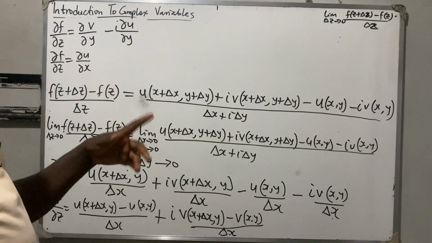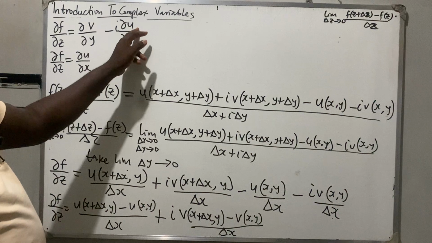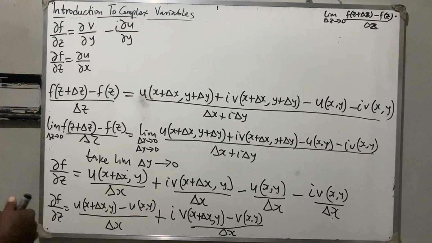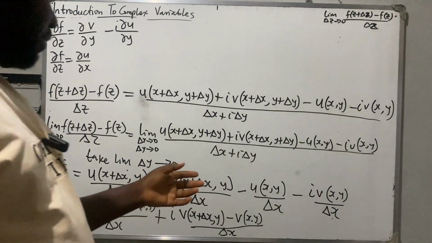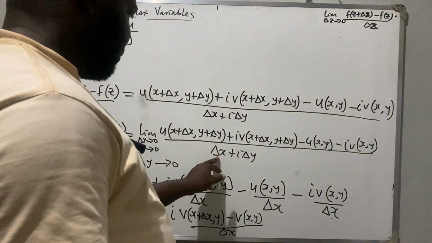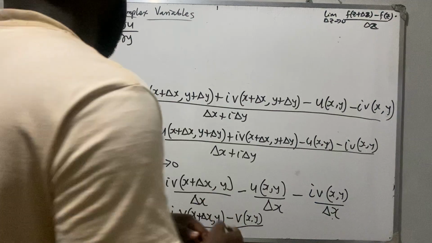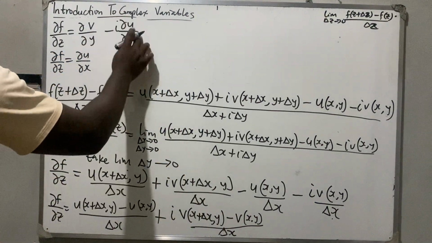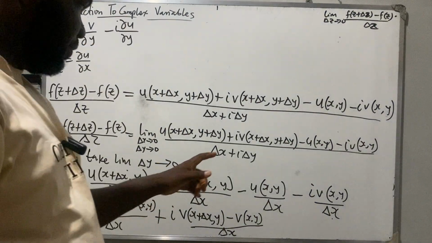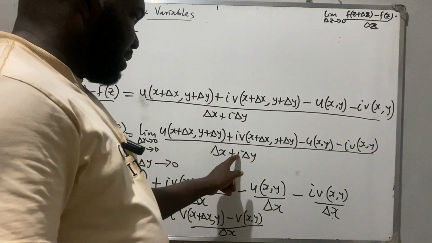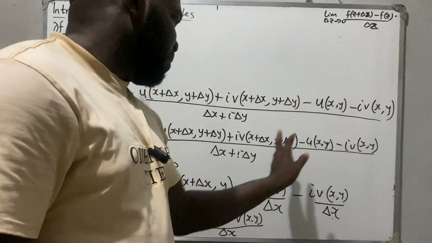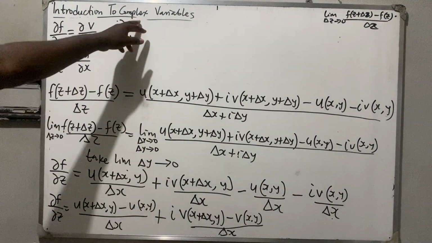Please go back to your note and put it in the other side. I don't know which side again, so let us check. The i was on the u part, yes, because on the v part, i up here and i down here cancelled each other. So it was on the u part.